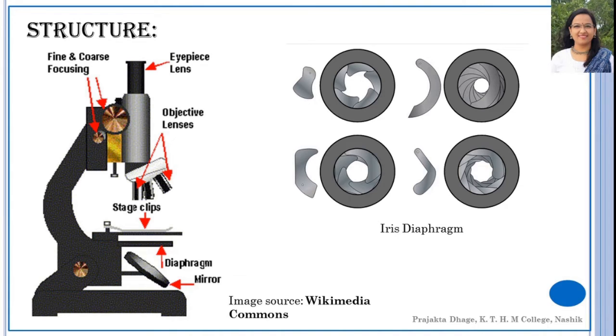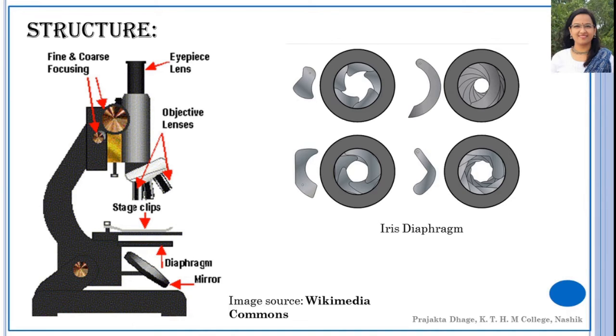The second one we will be talking about is the stage. It is rectangular or square shaped. This structure that I am pointing to right now is referred to as the stage. Please follow the arrow. In the center of the stage, there is a small circular hole covered with glass for passage of light.